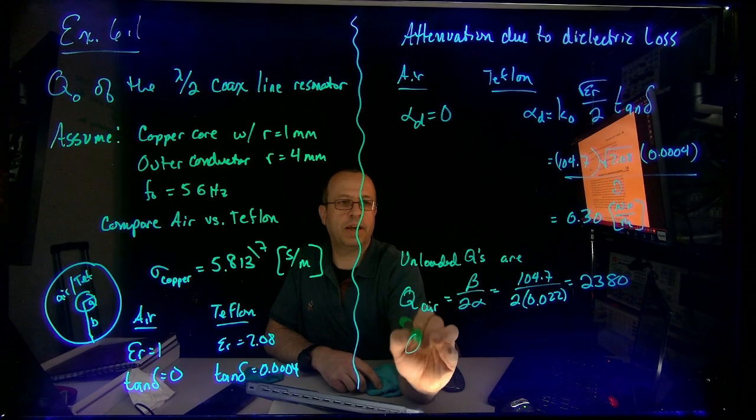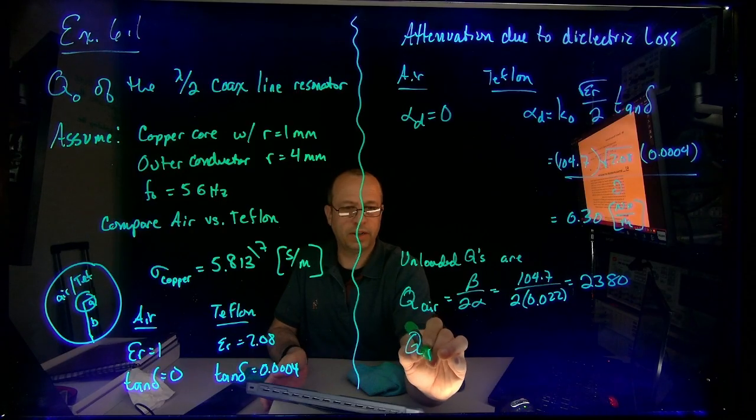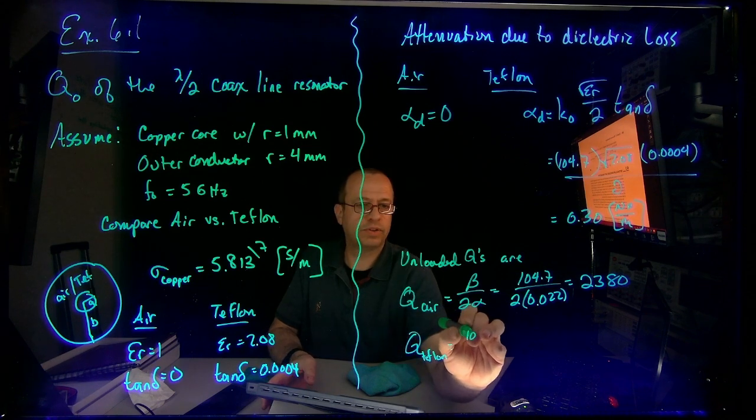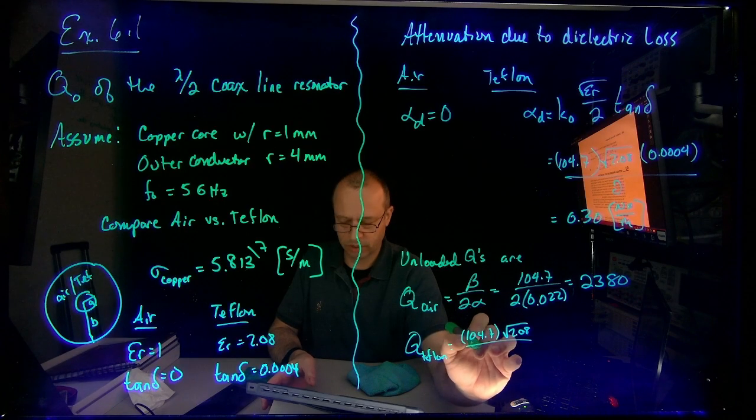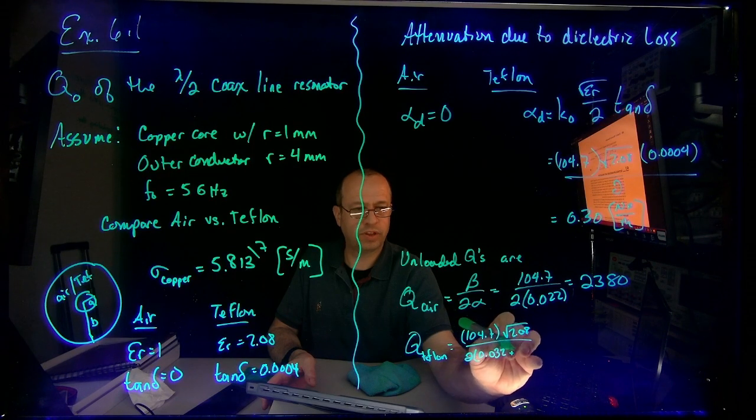And then we have Q for the Teflon, and that is 104.7 times the square root of 2.08 over 2 times 0.032 plus 0.030.